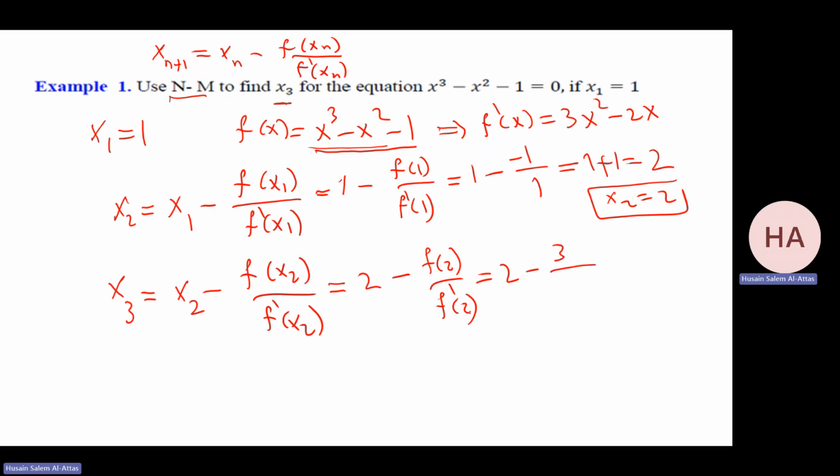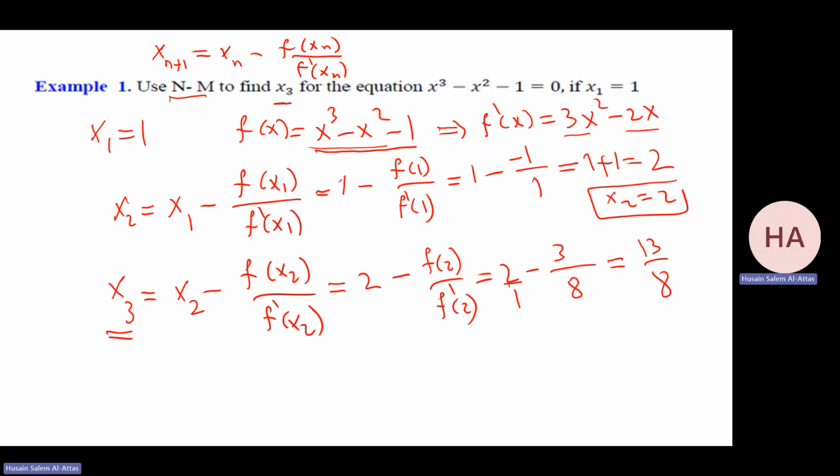That would be 12 minus 4, which is 8. Do the calculation: 16 minus 3, 13 over 8. So this is my second iteration. That will be x3.